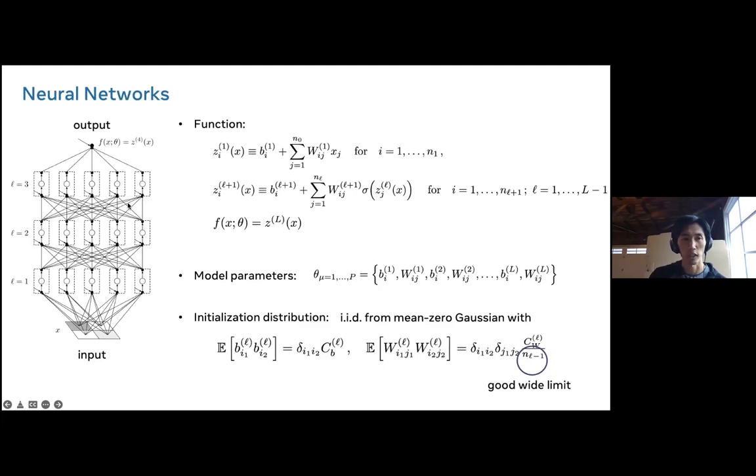So if you're looking at the weights here, the number of neurons here is 5, so you normalize by 5. In this talk, since I don't go into detail, this just looks like a normalization constant. But it turns out that when you try to do the careful calculation to take the infinite width limit, or really wide limit, this is the most natural normalization.